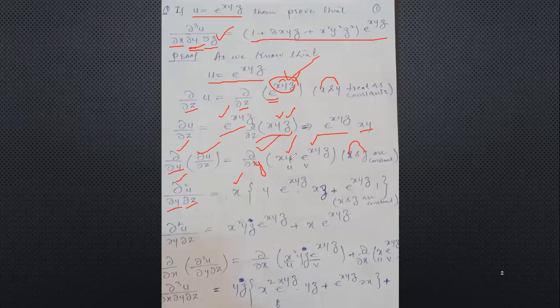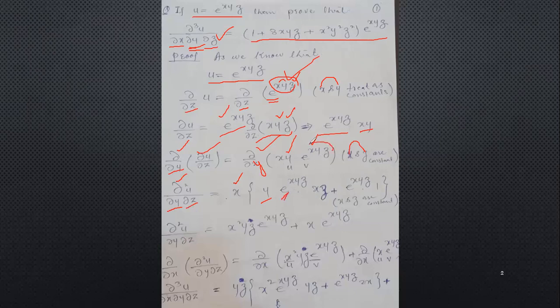According to the formula, I have considered that u is y, v is e power x into y into z. According to the formula, u same means y same. Now derivation of e power x into y into z: derivation of the exponential function remains the same.